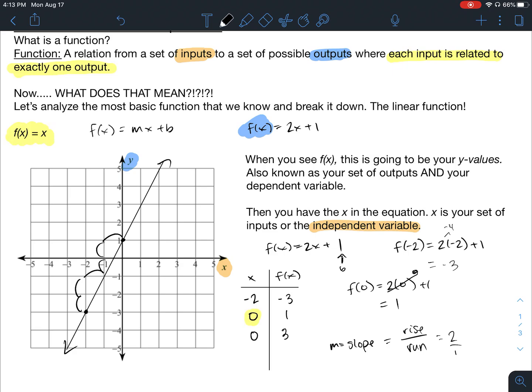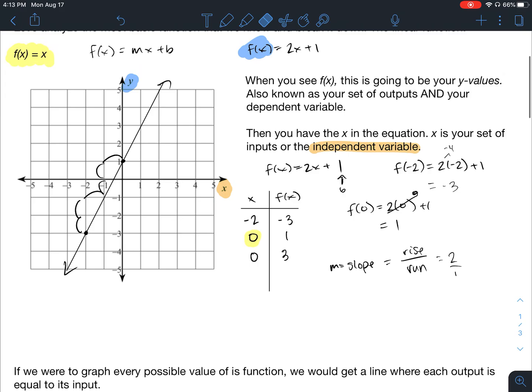Well, there is already an output value for our input value 0. So we can't have 0 also be 3, because you can't have two output values for one input value. That is not a function. So make sure that you are aware of that too.